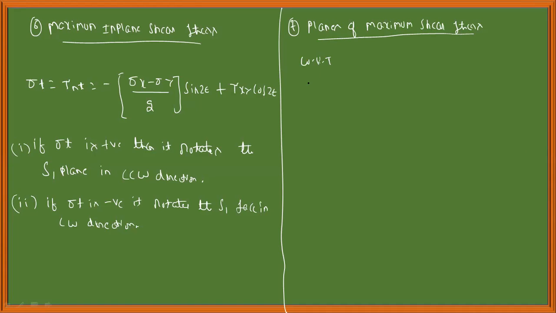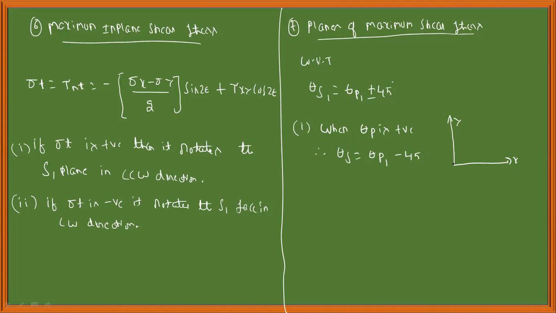I will use this: we know that theta s1 is equal to theta p1 plus or minus 45 degrees. When to use plus, when to use minus, I will tell you. First case, when theta p is positive, theta s is equal to theta p1 minus 45. So it means that if this is the xy plane, my theta p makes an angle.